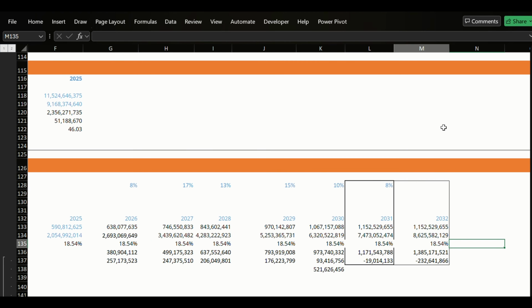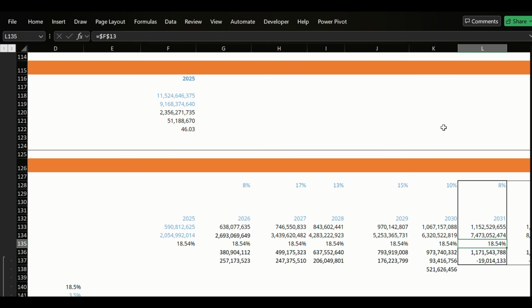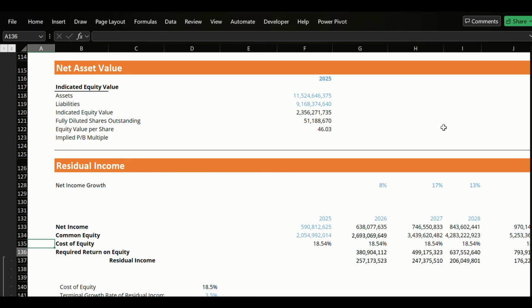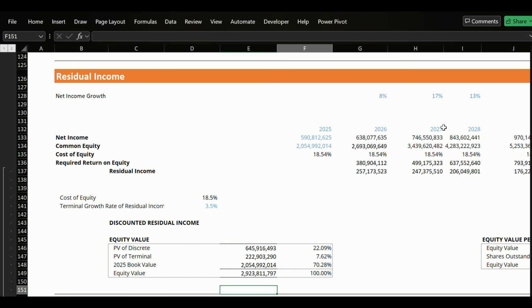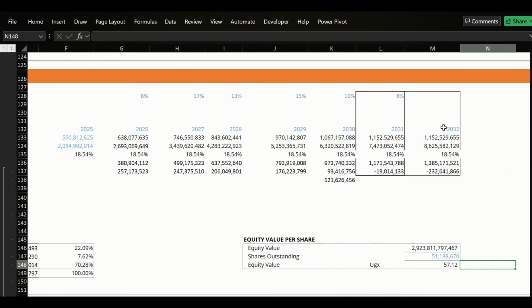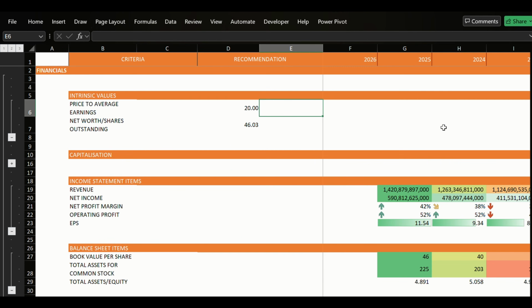I've messed up the borders here, but for the sake of time, I'll leave everything like this. From here, in this case, the terminal is always lower. Book value takes up everything. So you can see the price using the equity level is 53. I think that's what we carry for the financial stock.